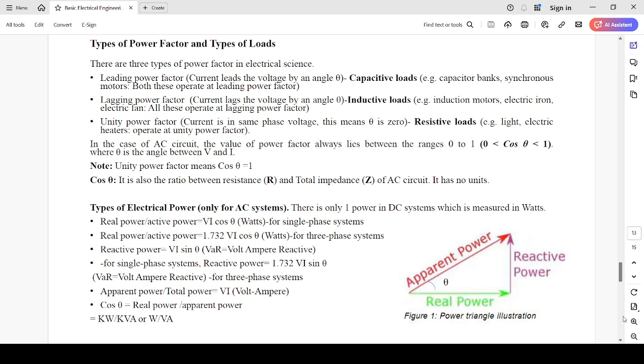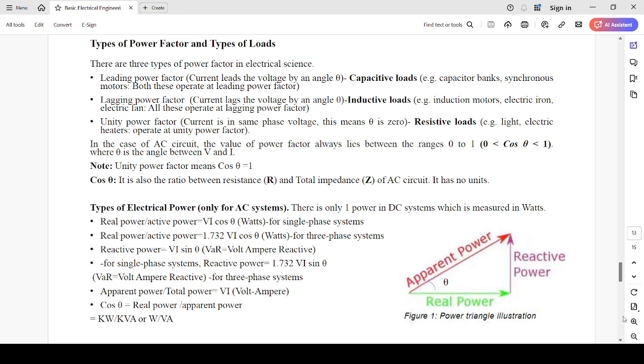Because in this power triangle, cos theta is real power upon apparent power. So if you cross multiply, you will get real power as VI into cos theta, because apparent power or total power is given by the formula VI only.